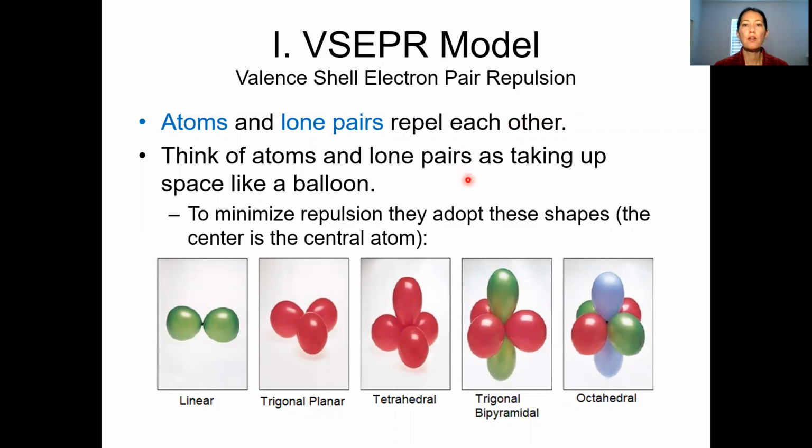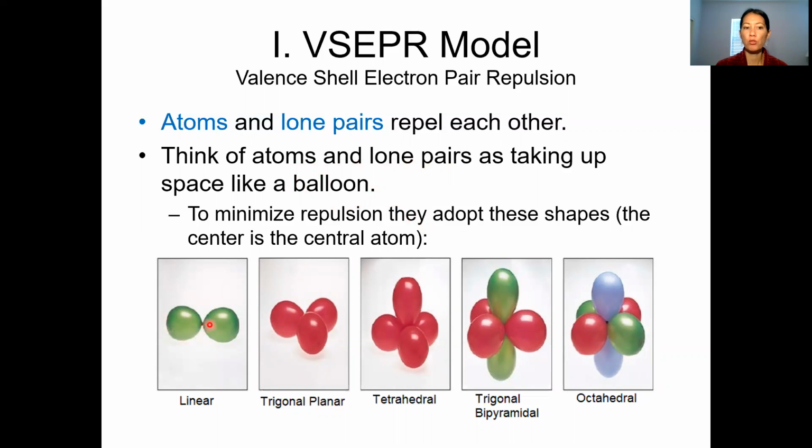Think of a molecule that has some central atom with atoms around it, maybe some lone pairs. Each of those atoms and lone pairs is going to take up space. Think of them as a balloon taking up space. So to minimize repulsion, they're going to adopt these shapes.